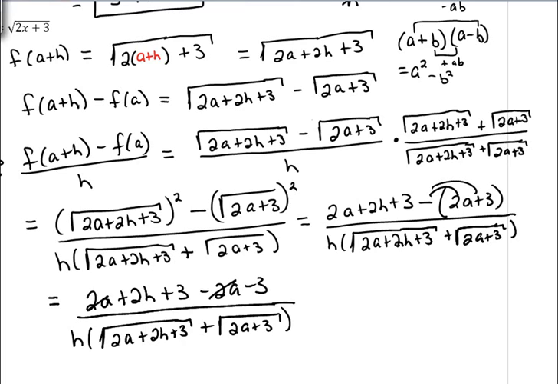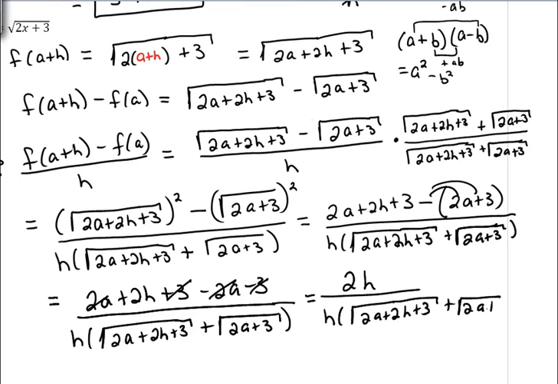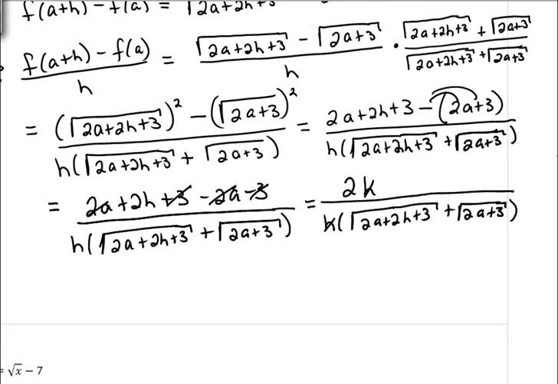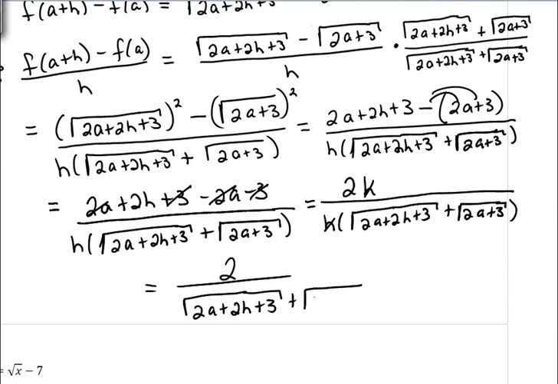The 2a and the negative 2a cancel, the 3 and the negative 3 cancel, so we're left with 2h over h times the quantity square root of 2a plus 2h plus 3 plus the square root of 2a plus 3. Now you can cancel this h and this h, and your final answer is 2 divided by the square root of 2a plus 2h plus 3 plus the square root of 2a plus 3.